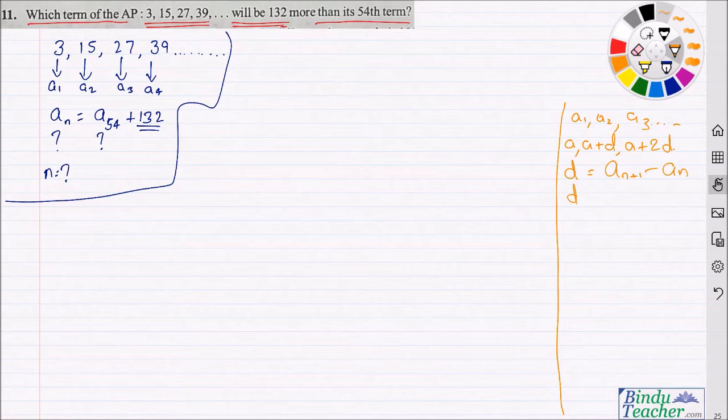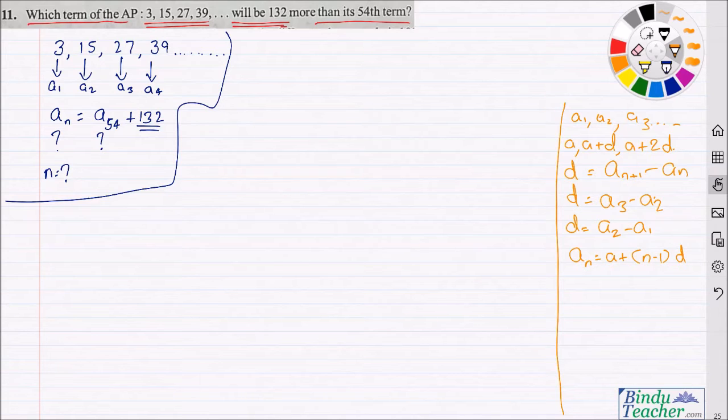For example, d equals a3 minus a2, and this should also be equal to a2 minus a1. We also have the equation for finding the nth term, which is a of n equals a plus n minus 1 into d.